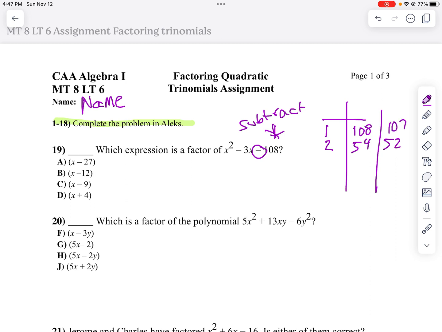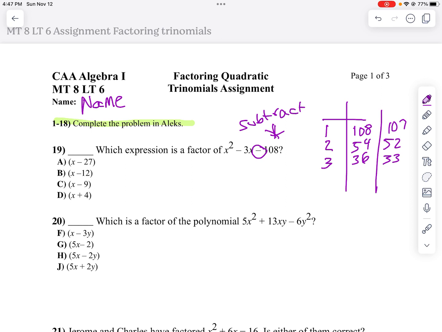Let me see. Does 3 go into 108? 1 plus 8 is 9, so I do believe that is true. So if I take 108 and I divide that by 3, I get 36. They're 33 apart, so that doesn't work.